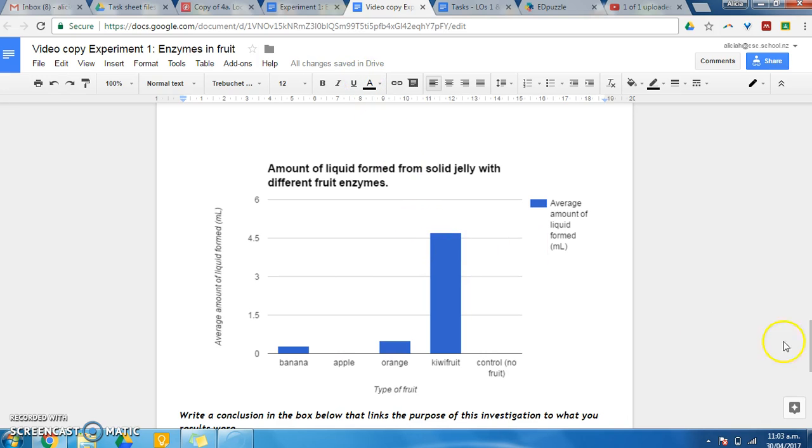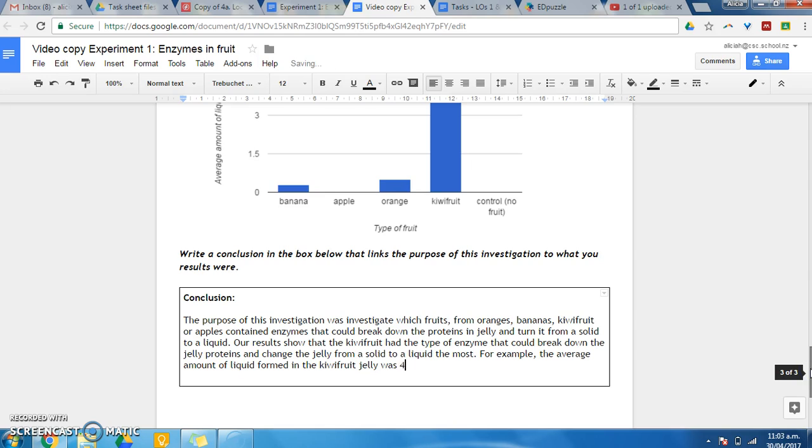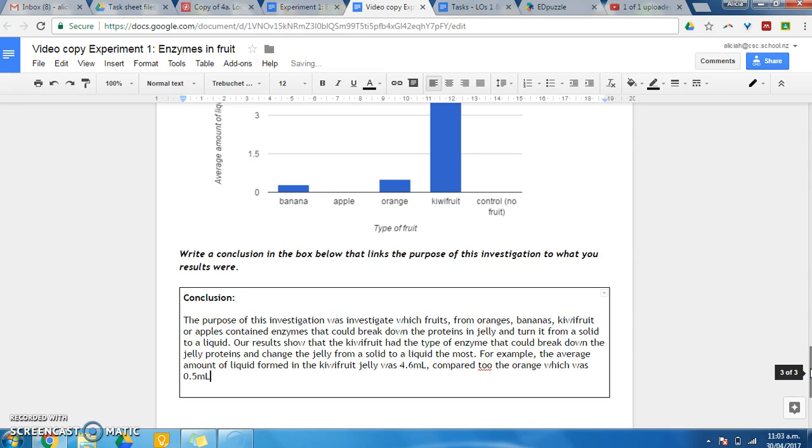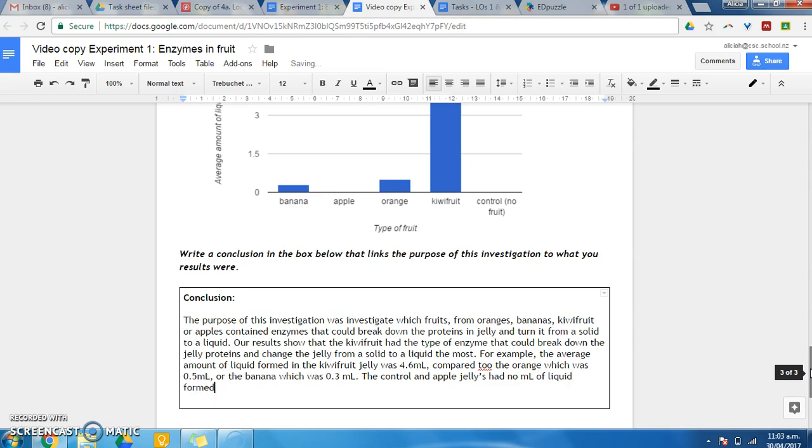We'll look at the graph. 4.6 was 4.6 milliliters compared to the orange, which was 0.5 milliliters, the banana, which was 0.3 milliliters, the control and apple jellies had no milliliters of liquid formed.